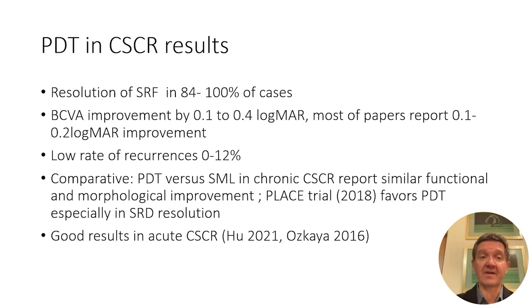The rate of recurrences is quite low, between 0 and 10% usually. However, when we compare PDT to SML, most of the studies do not report any significant difference. There is only one large PLACE trial that favors PDT in that respect. Good results in application of PDT in CSCR are reported also in acute cases.